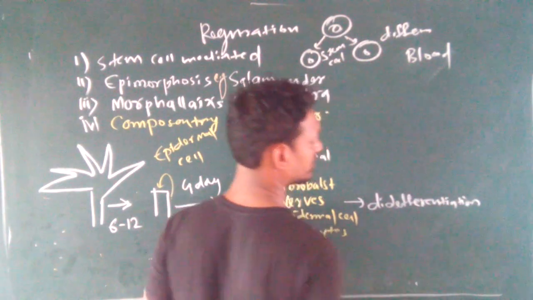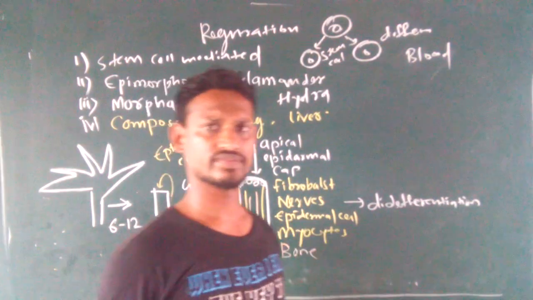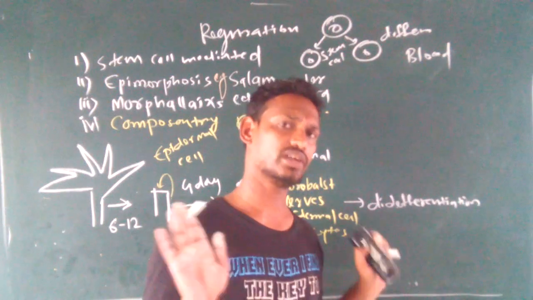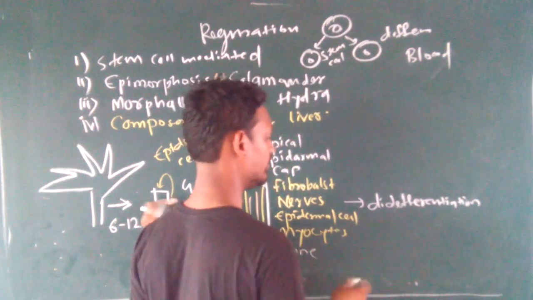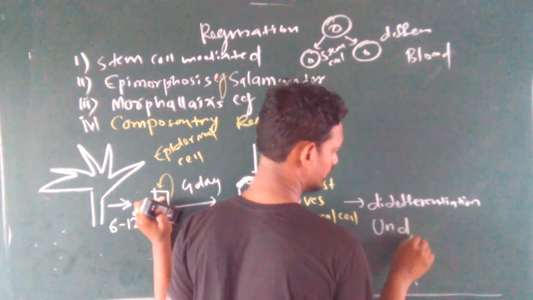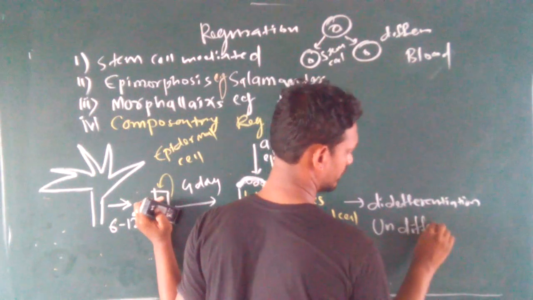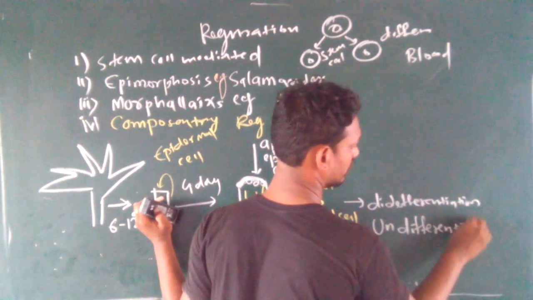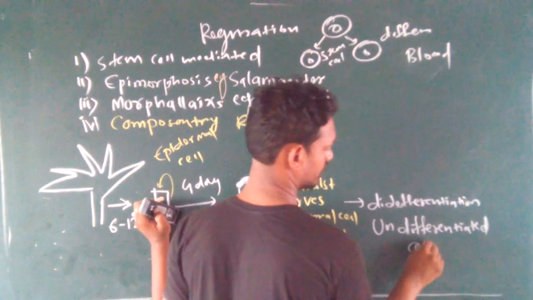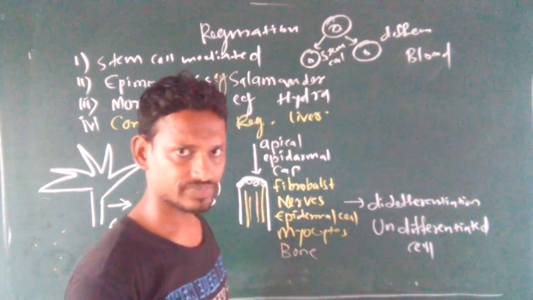So what is the dedifferentiation? They all lost their ability, then they became undifferentiated cells. That is a stem cell.